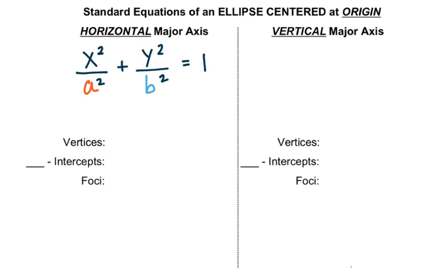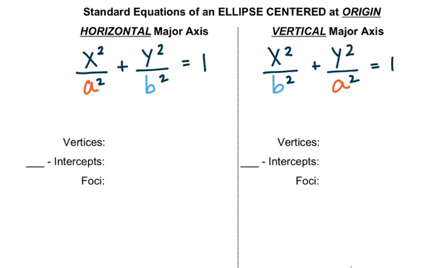Whereas a vertical major axis ellipse could be written as x squared over b squared plus y squared over a squared, and again, equal to 1. So you'll notice that these look very, very similar. We just have these two different values here in the denominator.